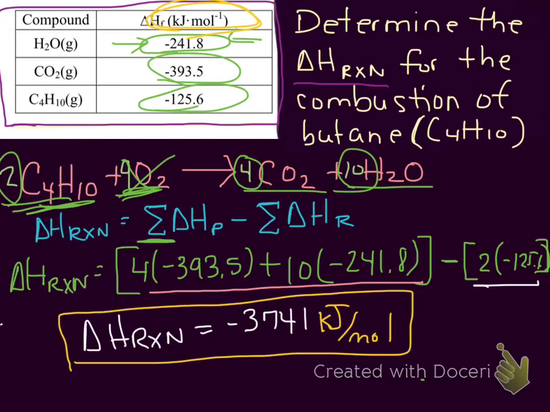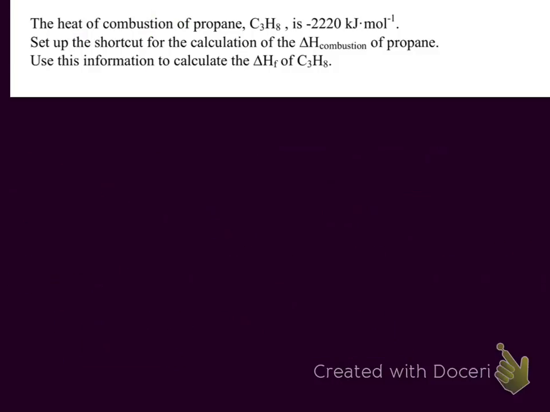The next problem is going to be a little bit different, and we're actually going to need this table and these values. We're going to come back to them because we're going to need them on the next page. All right, so it says the heat of combustion for propane, which is C3H8, is negative 2220 kilojoules per mole. By the way, why would that make sense?